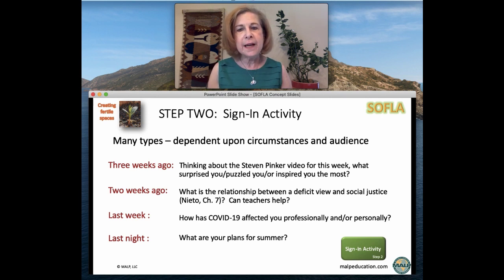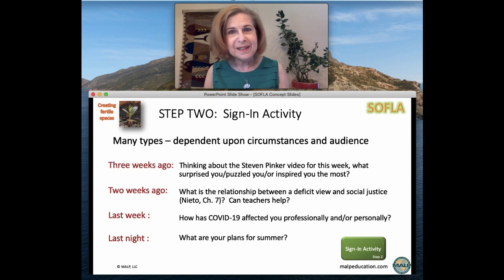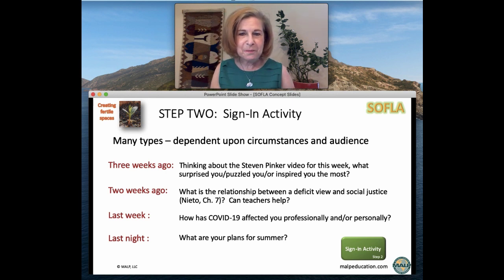On another night, I asked about a relationship. This was a different course, a relationship between the deficit view of students and social justice, which is a chapter in their book that they were reading by Sonia Nieto.